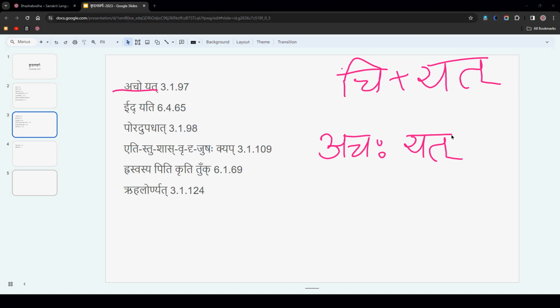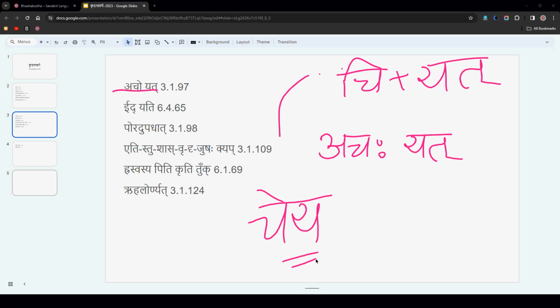So for example, here we say cheya, shravya, etc. Cheya means chetum yogyam, fit to be selected, to be chosen.